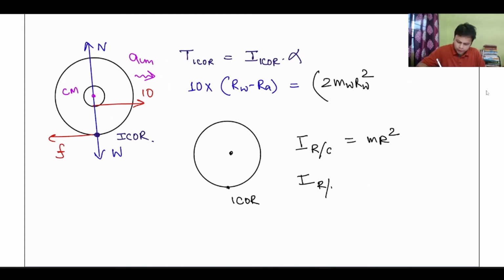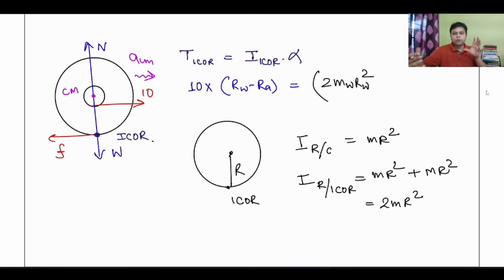I can use the parallel axis theorem: mr square, that is the moment of inertia about the center of mass, plus mr square if this distance is r. This is something basic. You have to know it, right? So this is equal to 2 mr square. There are two wheels on both the sides, so this will be 2 mr square plus 2 mr square. Yes or no?